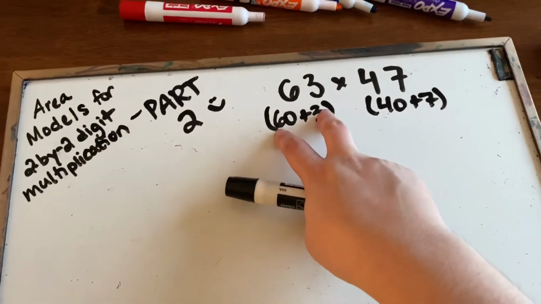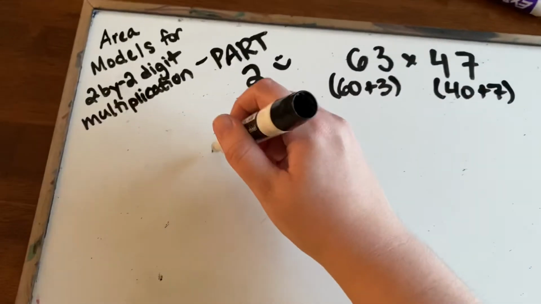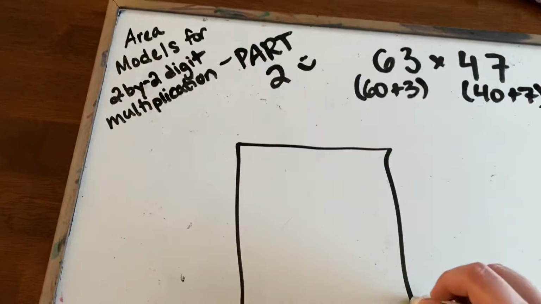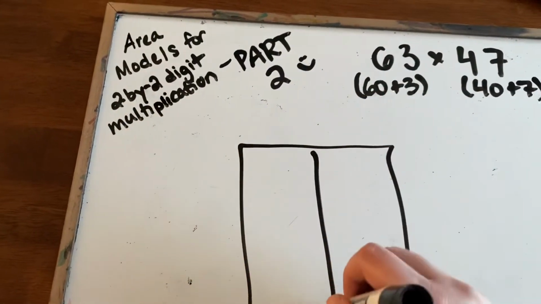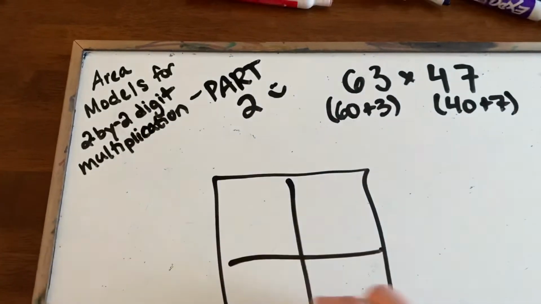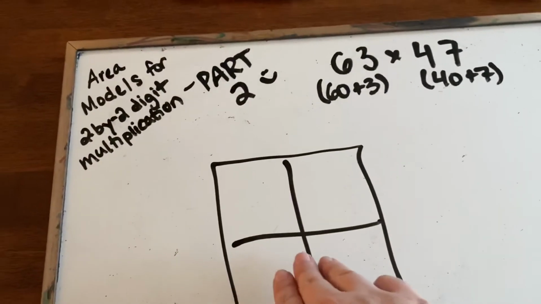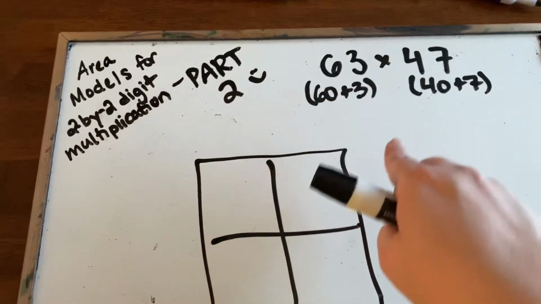So same thing, I need a 2 by 2 box for my 2 pieces here and my 2 pieces here. So all of these ones that we do with 2 by 2 digits, they're all going to have area models that are 2 by 2 squares.